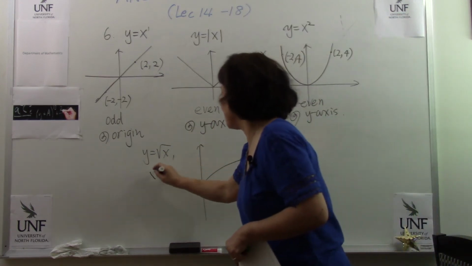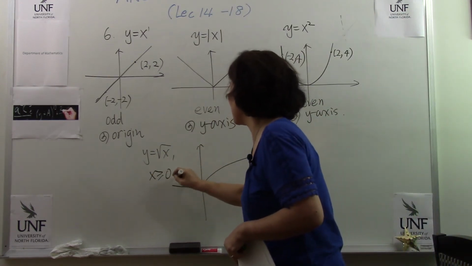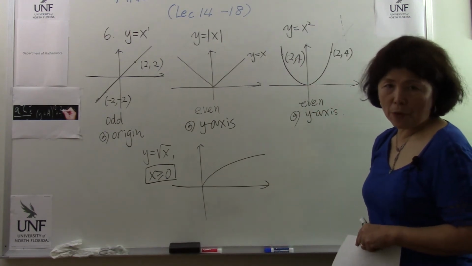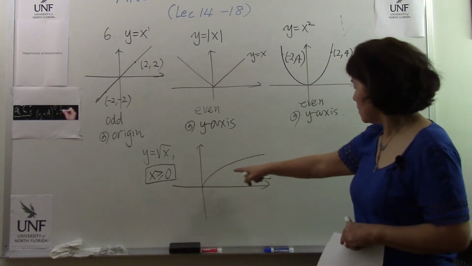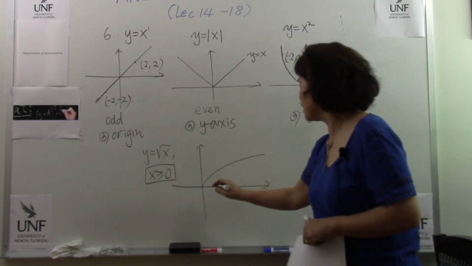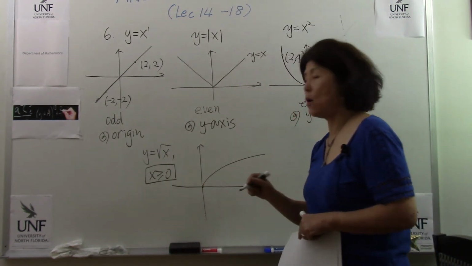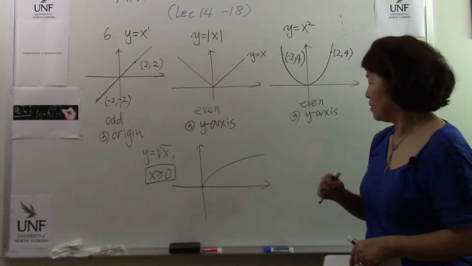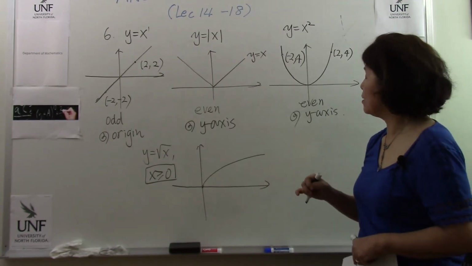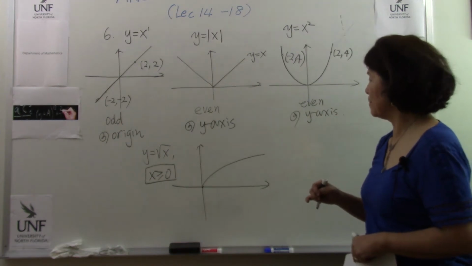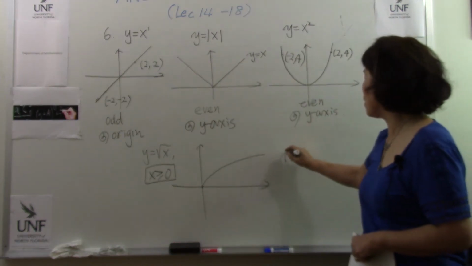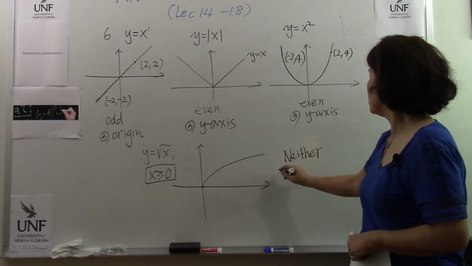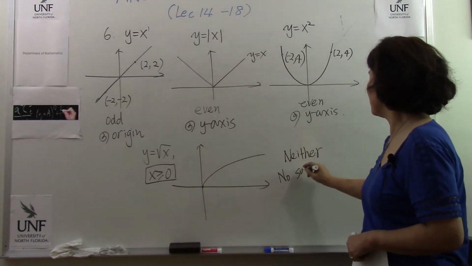Therefore, it's very important to recognize that the domain is just all non-negative numbers. So the graph looks like this, and the tip of the graph is at the origin. As you see, there is no symmetry, and you cannot say this is an even function or an odd function. So we call it neither, with no symmetry whatsoever.